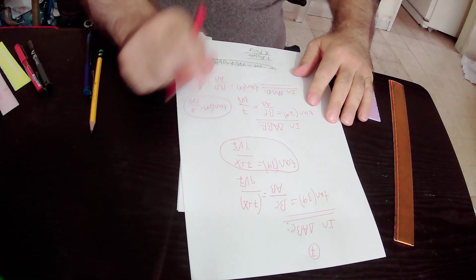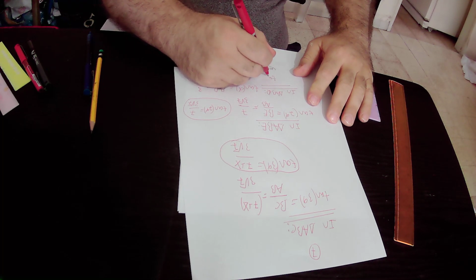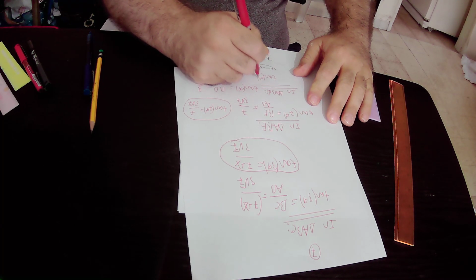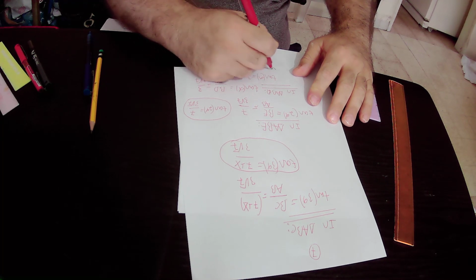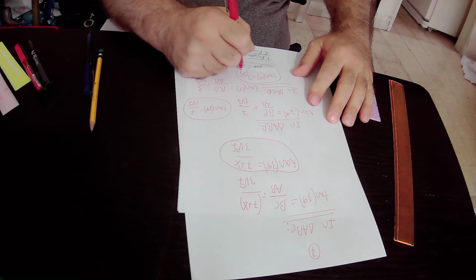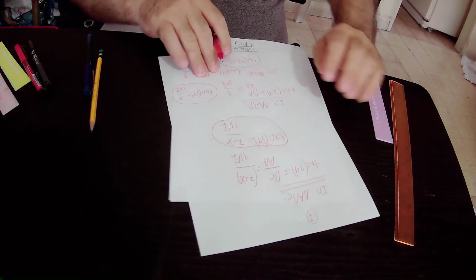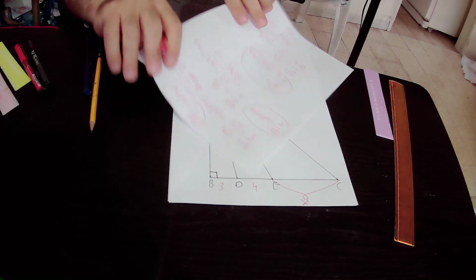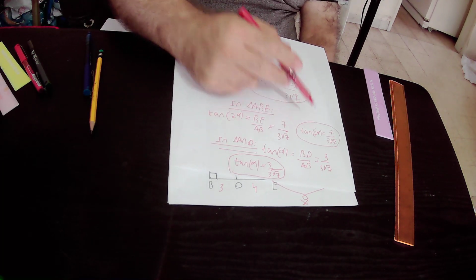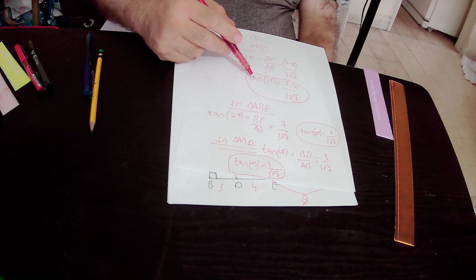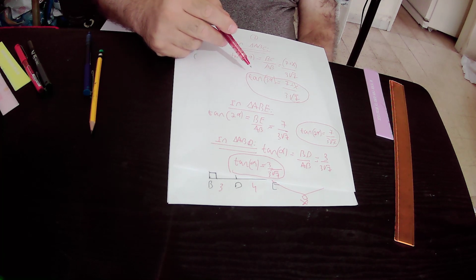The value of tangent alpha equals 3 over 3 times root 7. So we actually found out the values of tangent alpha, tangent 2 alpha, and tangent 3 alpha. Okay?